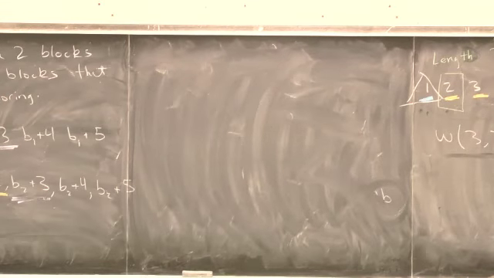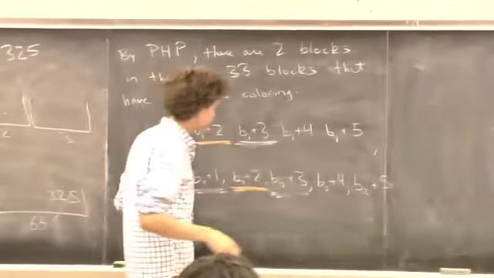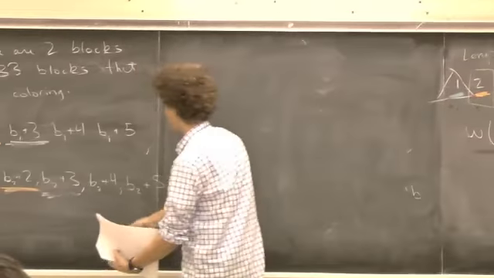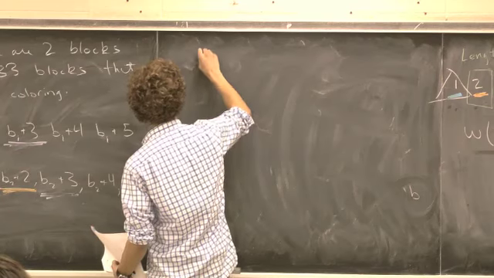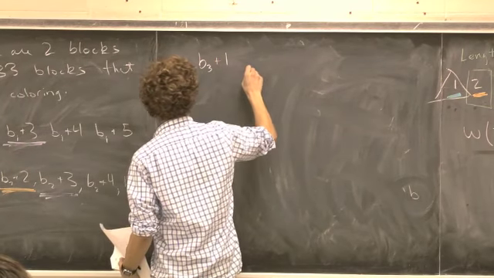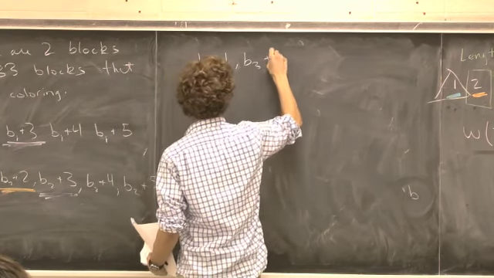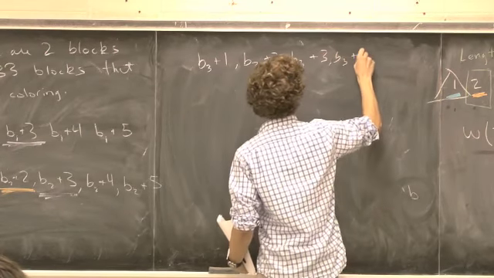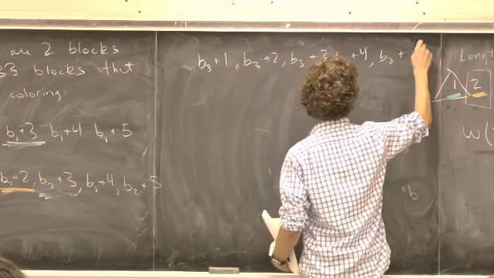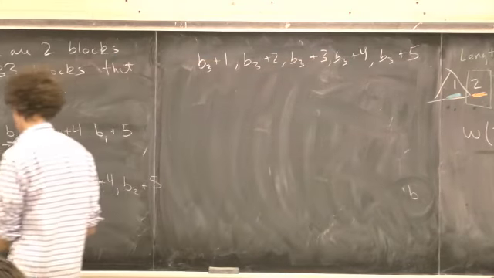Well, what's the magic? I'm going to look further down the line, going back upstairs. There's some b3 plus 1, b3 plus 2, b3 plus 3, 4, and 5. Okay.